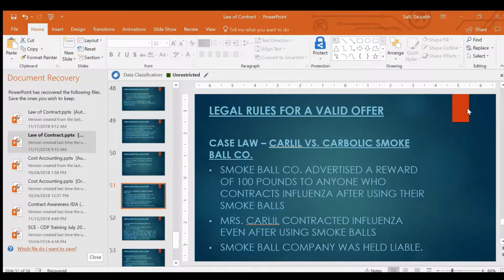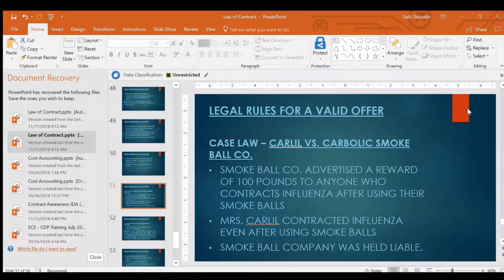There can also be some situations where the offer may not be continuing. For example, police make an offer to anyone who catches Mr. X, a notorious criminal, and they keep a reward of rupees 10,000 on his head. So here only the person who catches Mr. X will be rewarded, and then the offer will be closed. So it's not a continuing offer, unlike the one in Carlill versus Carbolic Smoke Ball Company.